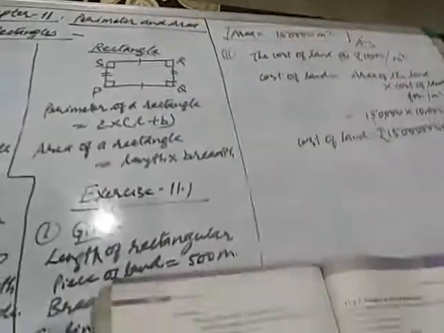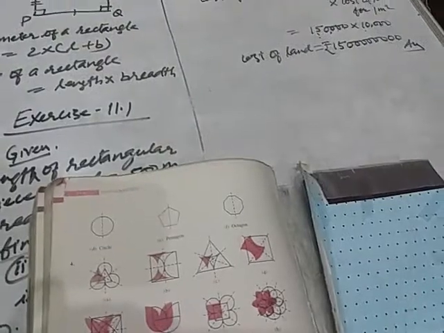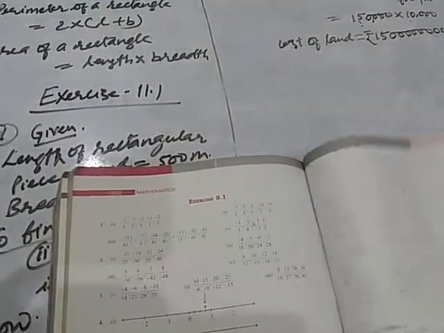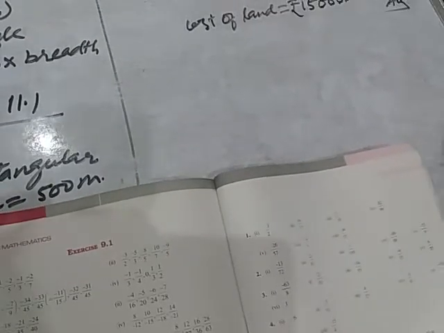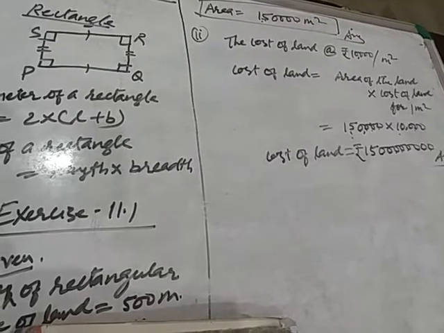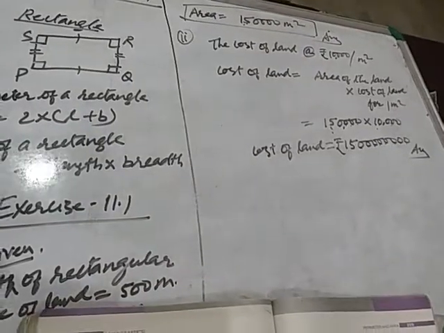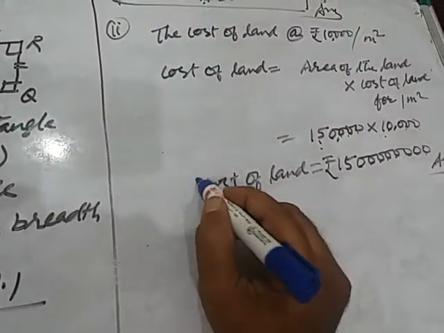Let us study the answer also, children. This is exercise 11.1, question number 1. So this is how we have to check the answer. Clear children? Okay, this is very correct. Cost of land also you have found out.